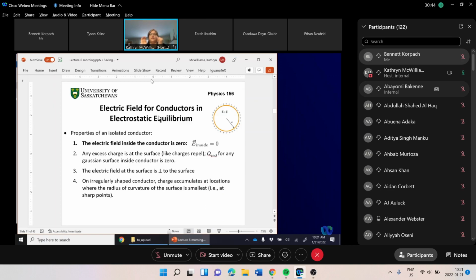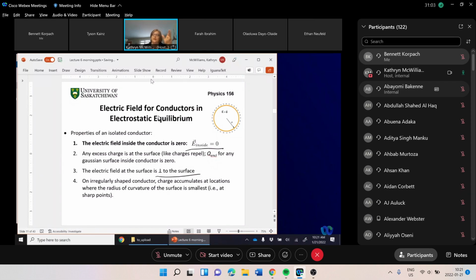So for a conductor, any excess charge goes to the surface, and the charges shuffle each other around until they're in equilibrium. At that point, the electric field is perpendicular to the surface, and the electric field inside is 0, okay?